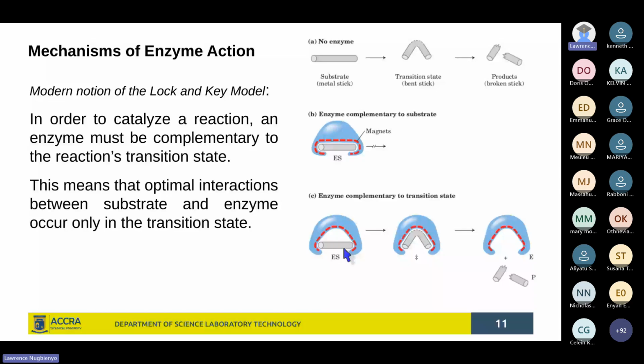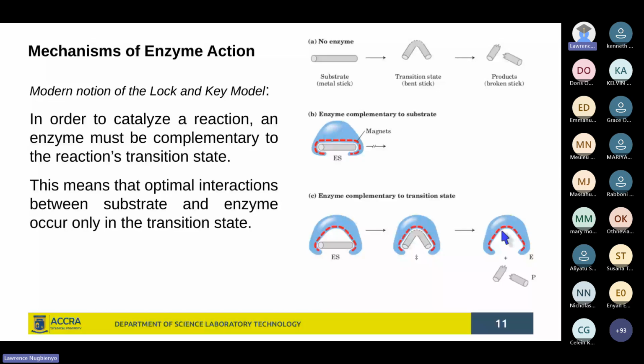So you see in the beginning, you have the enzyme being shown as a magnet, not so fit, but you see the metal rod in there having an enzyme substrate complex, will then move to a transition state that bends that metal stick. And because it is bent, obviously, it can easily be broken into the products, and that metal stick then dissociates away from the enzymes. You have your enzyme, and then you have your product.